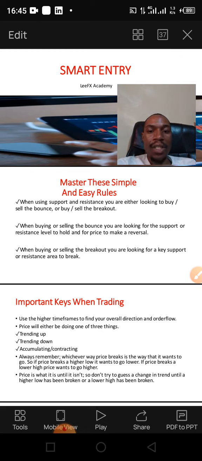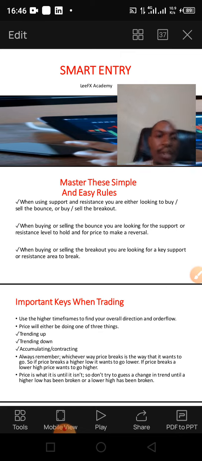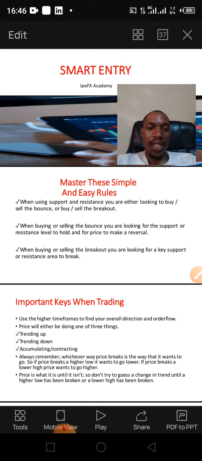This is what you need to bear in mind when you're using support and resistance. On support, you are looking at the opportunity to buy. When it breaks the support, you are looking at an opportunity to sell. So when the price is approaching support, you enter a buy order.